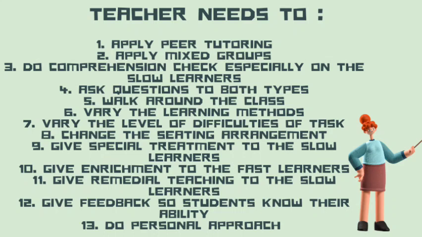Walk around the class, vary the learning methods, vary the level of difficulties of the tasks, change the seating arrangement regularly, give special treatment or attention to the slow learners, give encouragement to the fast learners, give remedial teaching to the slow learners, give feedback so students know their ability, and do a personal approach, talk to a specific learner if needed. So I think that's all the material about how to deal with the different types of young learners.